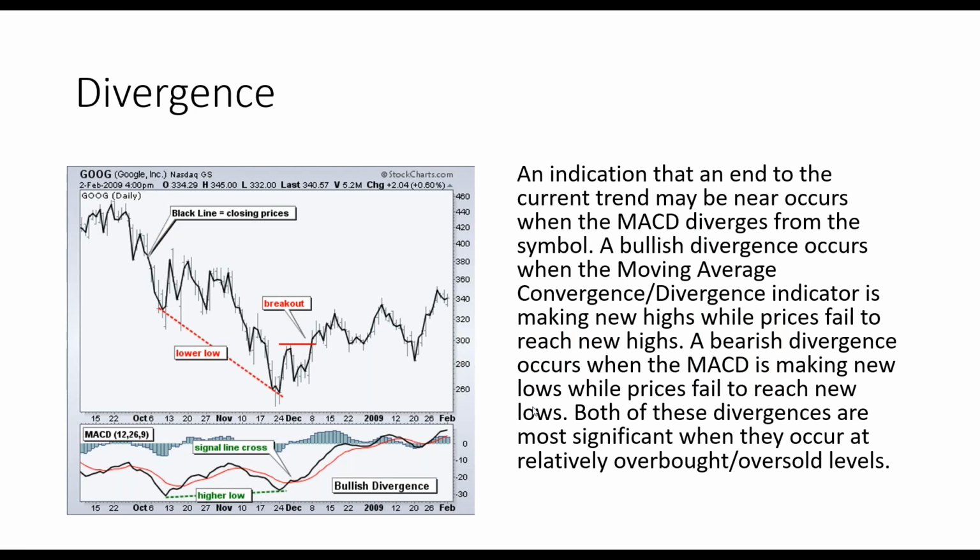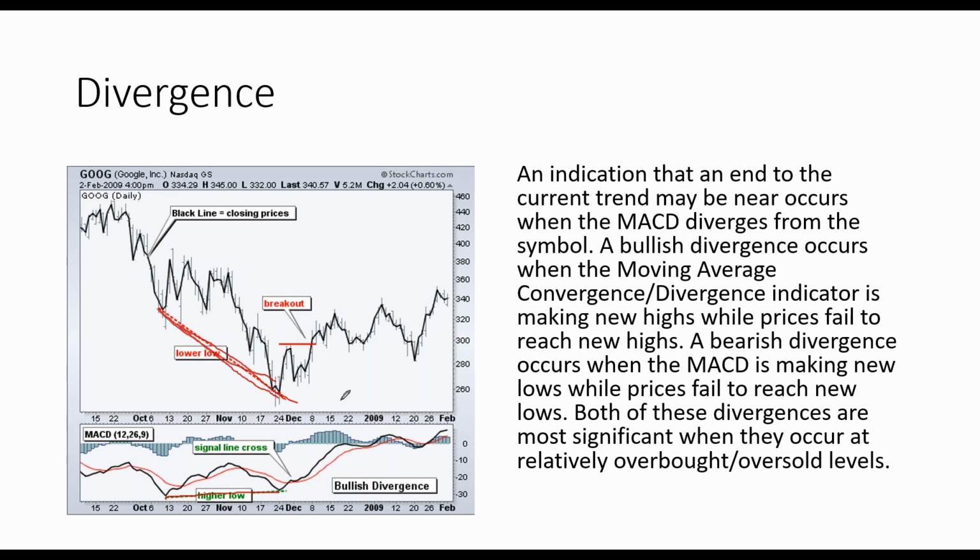So when we see price in a downtrend, making lower lows, or in other words, price is moving down, and we see the MACD line making higher lows, the MACD line is actually moving in a slight uptrend while the actual price is moving in a downtrend. So what we have there is bullish divergence because the MACD line is moving higher while the price is moving lower, so they're diverging from each other.